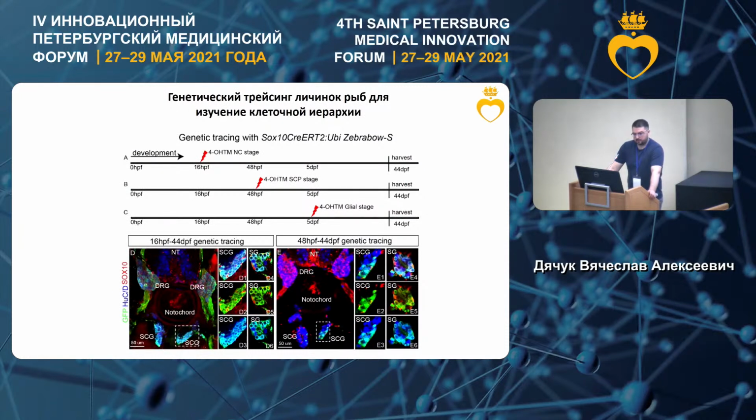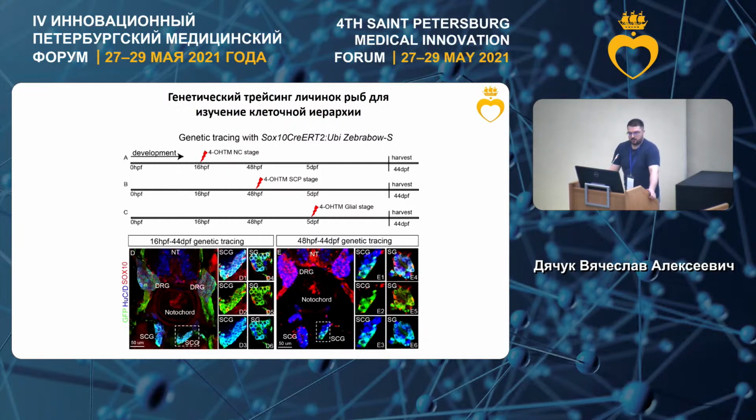A most fascinating method of genetic tracing is associated with tamoxifen. You add tamoxifen, and in four days, you look at the fish to find out what happened with the stimulated cells. Here you can see the SOX10 promoter expressed by glial cells.